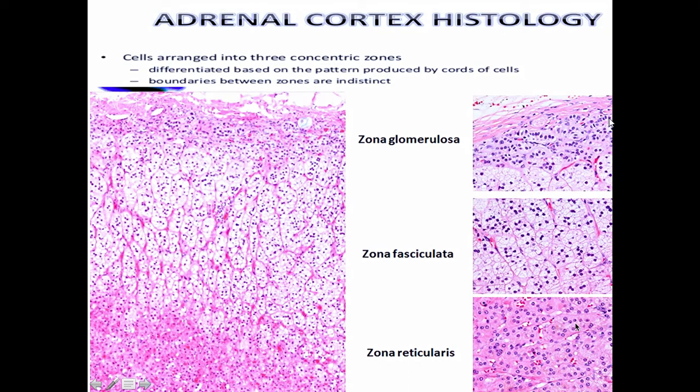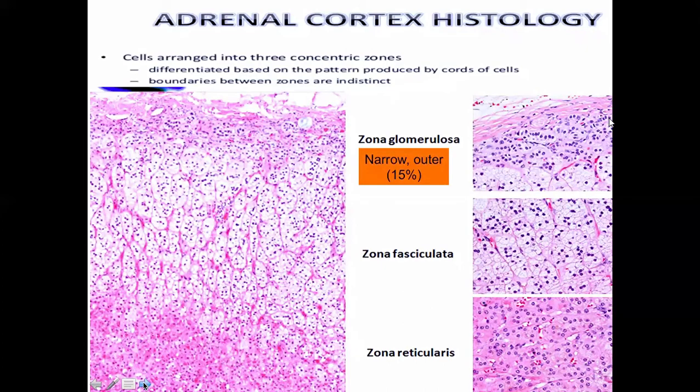Whereas reticularis, ganito ang mga itsura ng mga cells nila. Take note, even though there are different zones, the boundaries between zones are indistinct. So, hindi masyado klaro ang division. Malalaman lang natin ang morphology ng component of each.